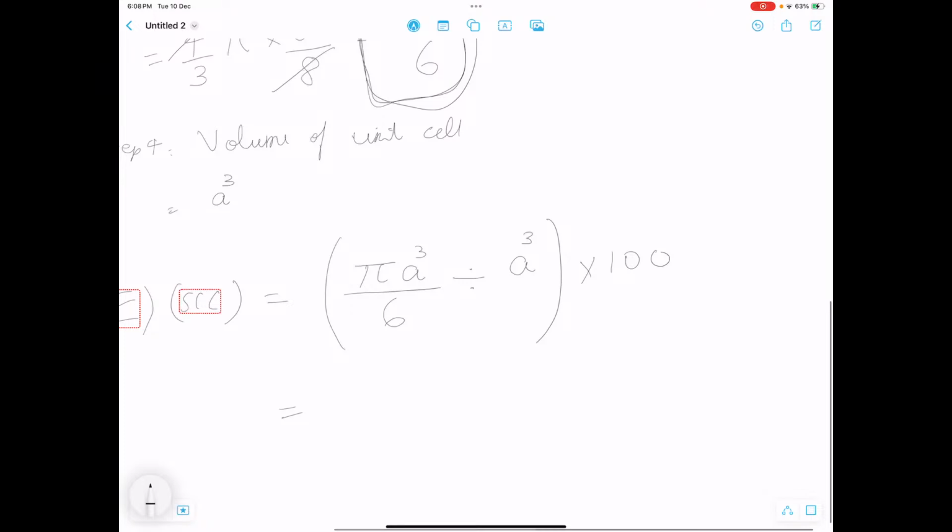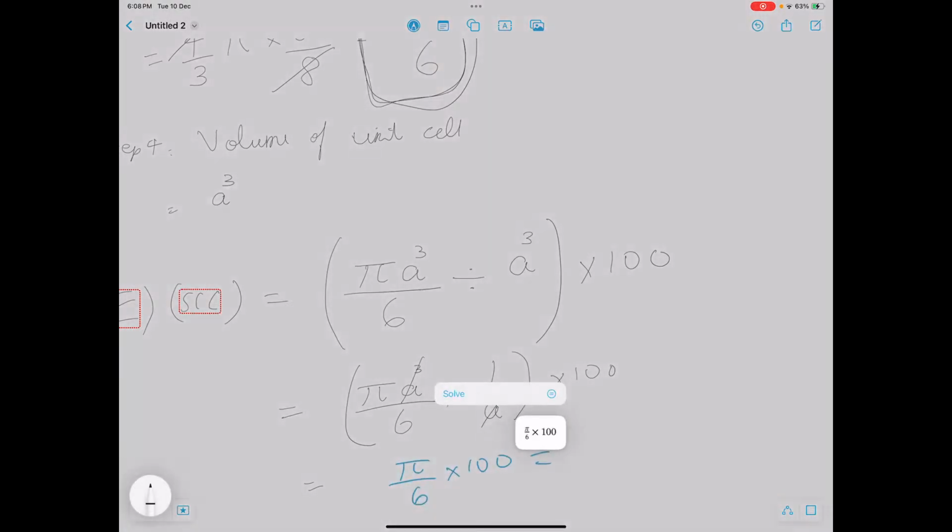You simplify this: pi a cube by 6 into inverse of a cube into 100. Cancel this, so you get pi by 6 into 100.